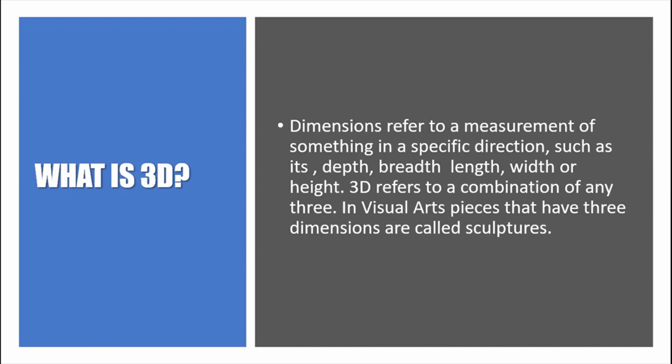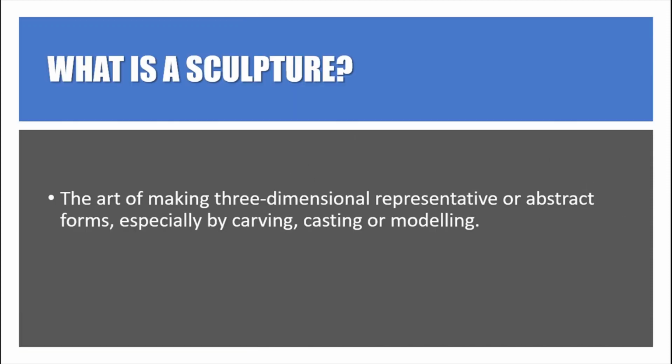Alright, so let's look a bit more into sculptures. Okay, so a sculpture is basically a three-dimensional piece of art. Alright, it's generally made from the carving technique, casting, or modeling technique, which we're going to explore as we go further.